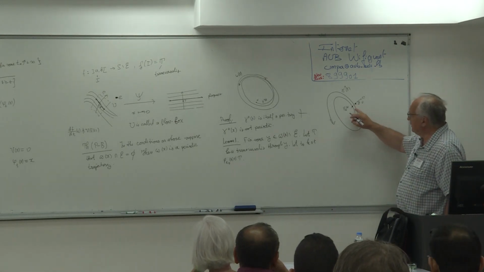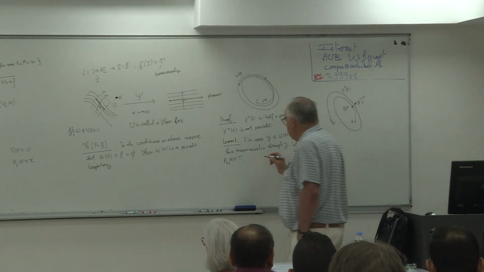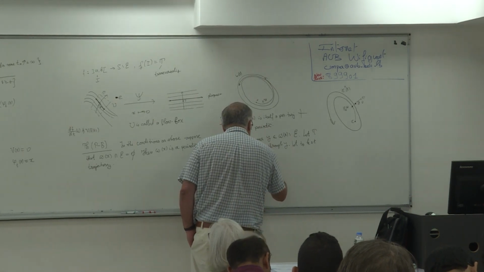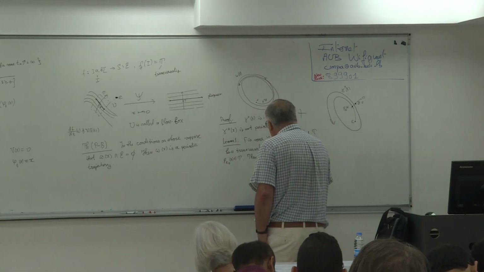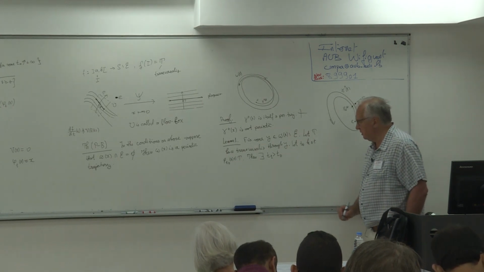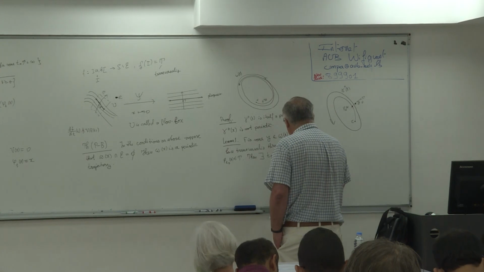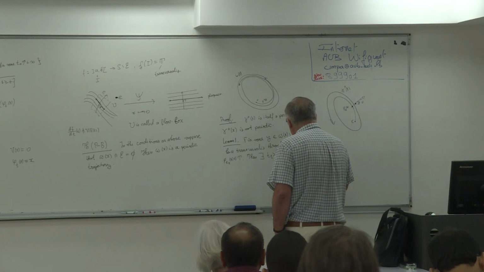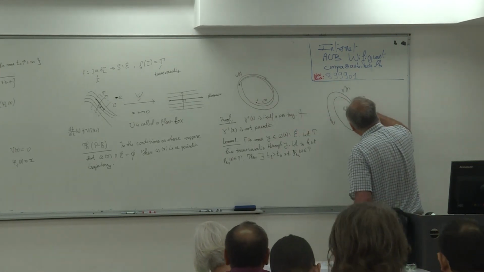I take some t0 such that this point is on the transversalis. Then the claim is there exists t1 strictly bigger than t0 such that phi of t1 of x is again in the transversalis, like here.